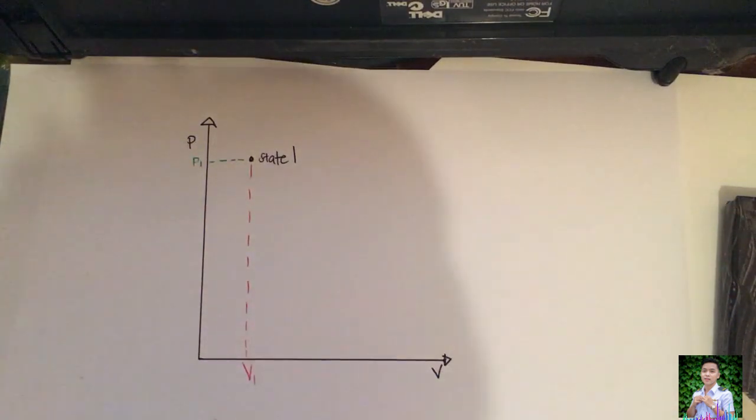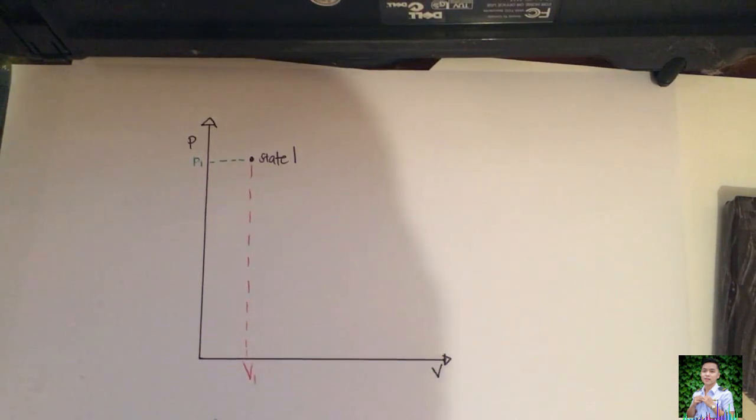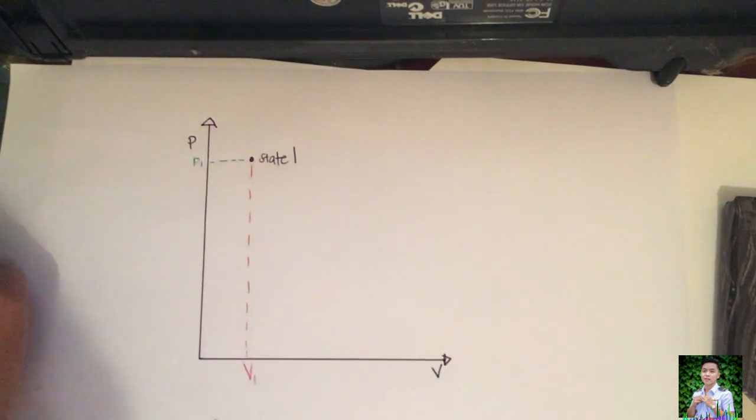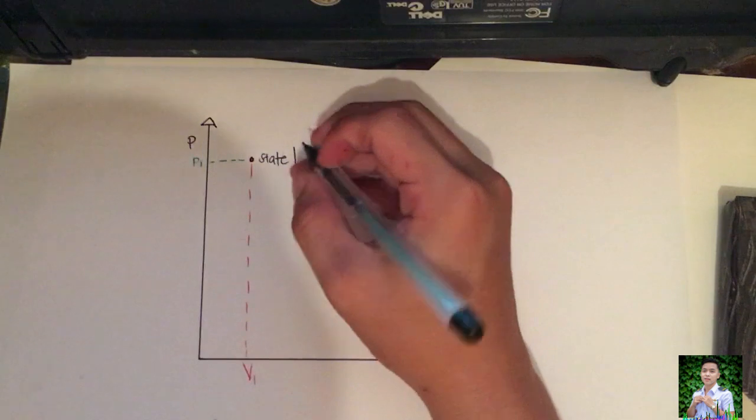Note that before the properties of the ideal gas change from state 1 to state 2, it passes through an intermediate state. And this state will be denoted as A. So, we put A here.